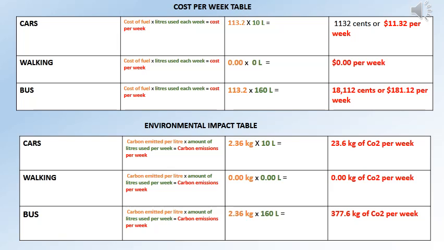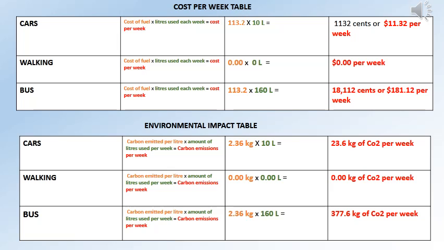For the car, we have multiplied the cost of fuel, which is 113.2 cents per litre, by the litres used, which is 10 litres, to solve that the car is costing around $11.32 per week. Walking as a mode of transport didn't have any number value for any category, so the results came to $0 per week.